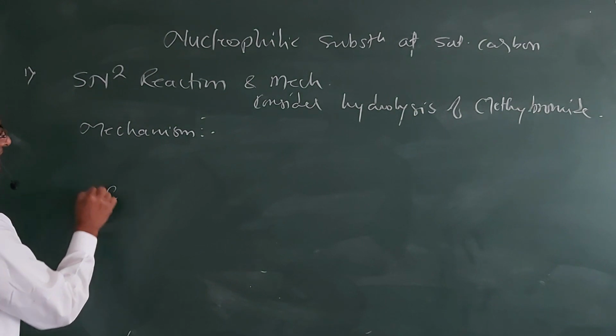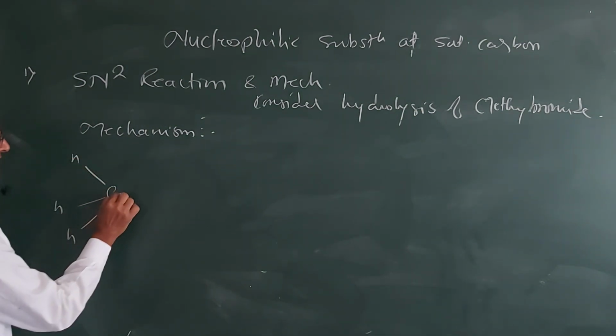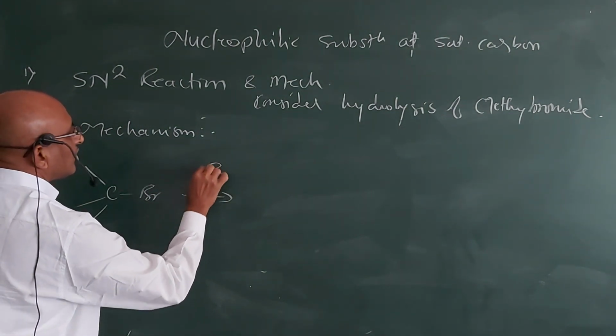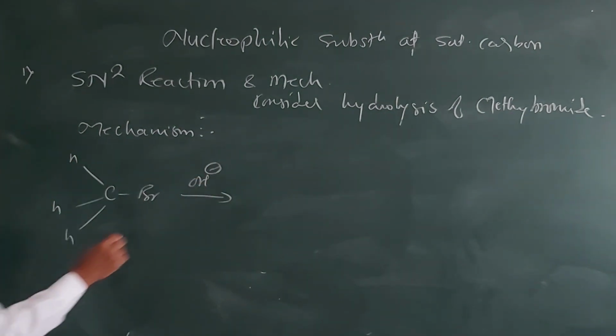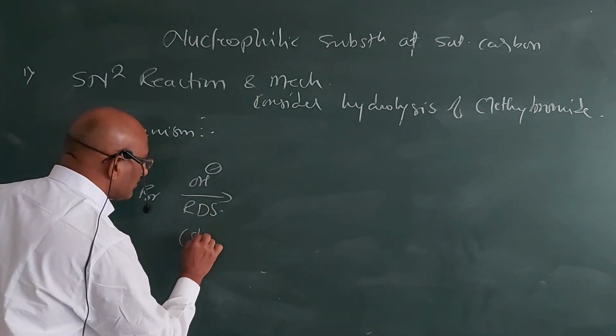So here CH3Br and this nucleophile, as both are involved in the rate determining step, which is termed as your slow step.